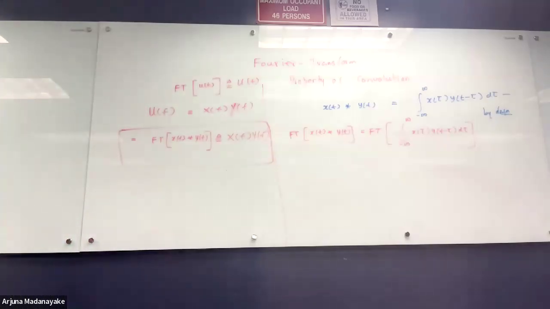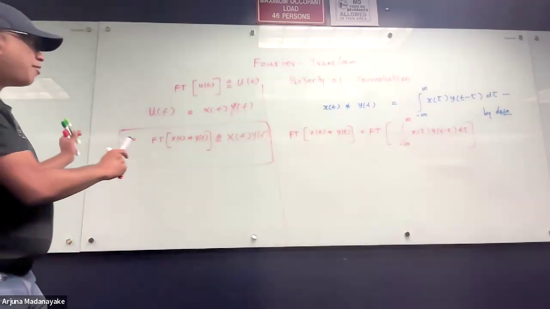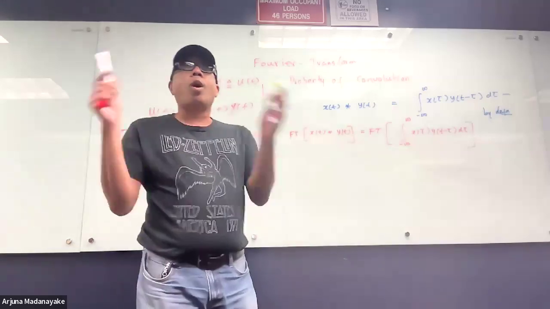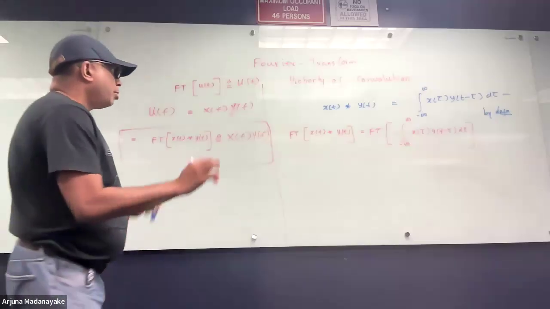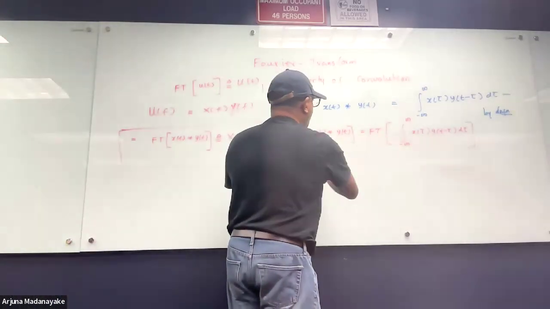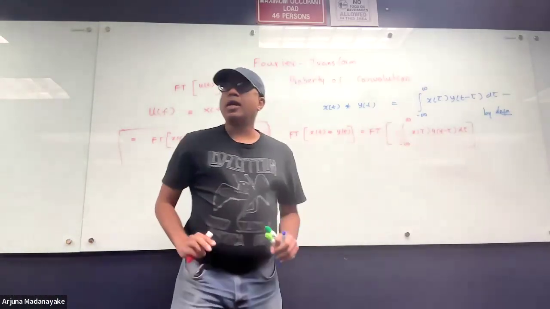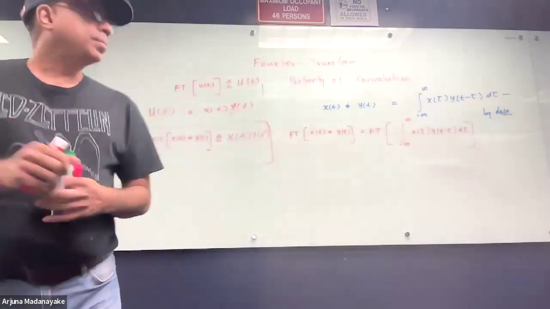If I have an equation, I can do whatever I want to the left hand side, as long as I do the same thing to the right hand side, right? So because it's an integral, I take Fourier transforms on the left hand side and the right hand side. That's a valid operation, right?